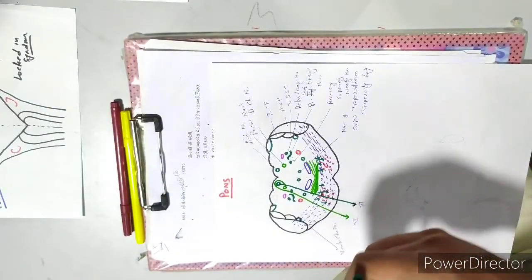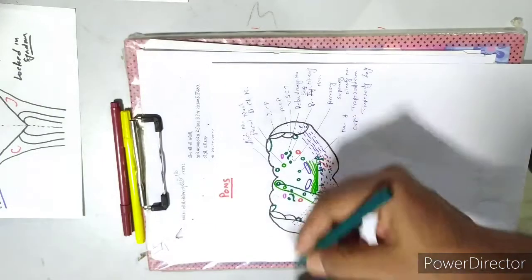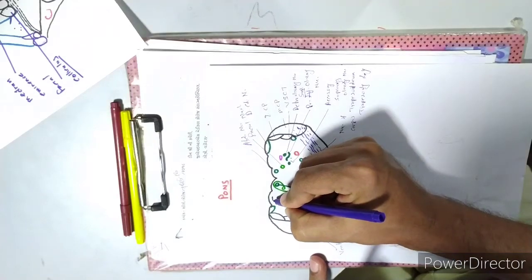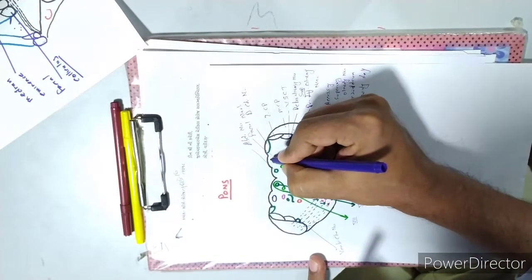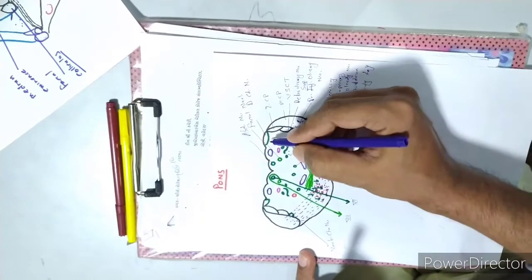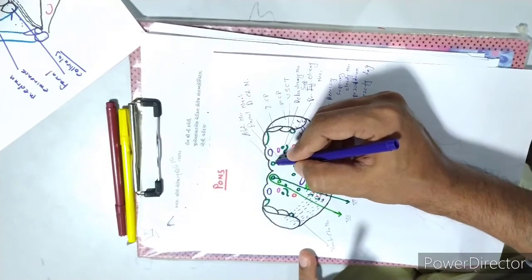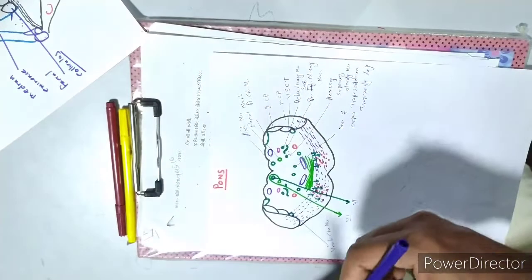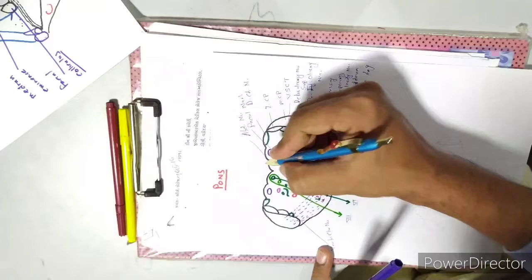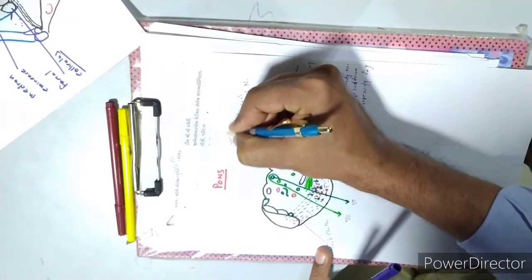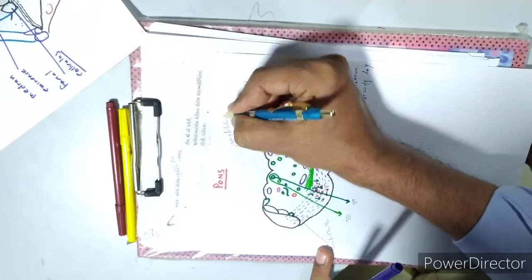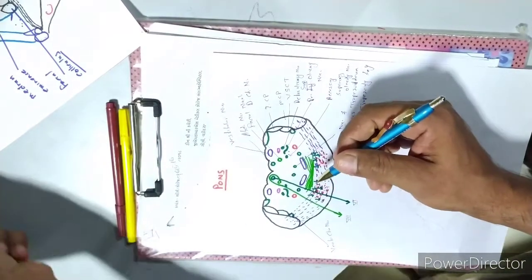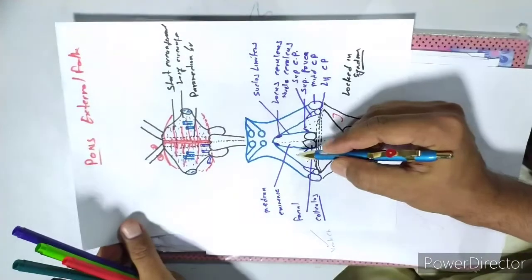Clear? Then lateral to here is another nucleus, the vestibular nucleus. Between the abducens nucleus and the dorsal cochlear nucleus, this area is known as the vestibular nucleus, because we have seen that the vestibular nucleus is present in the vestibular area.